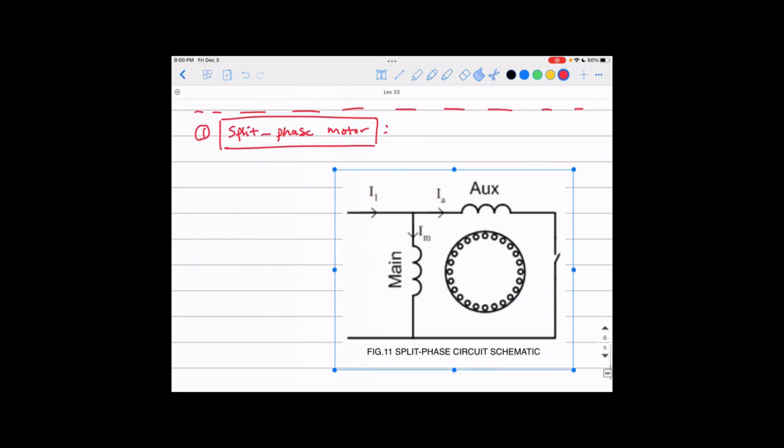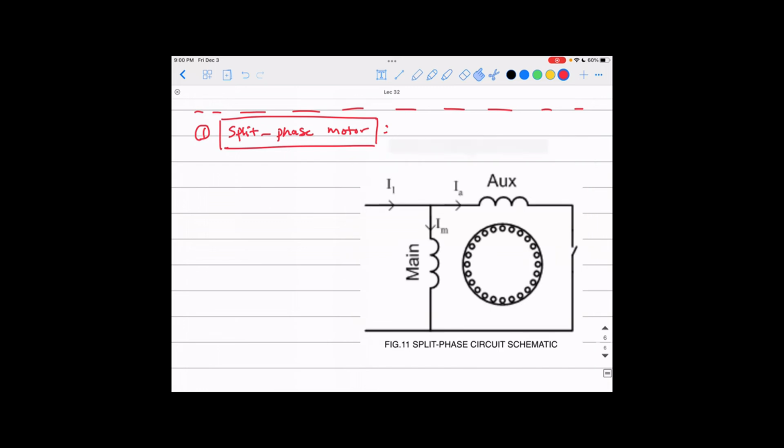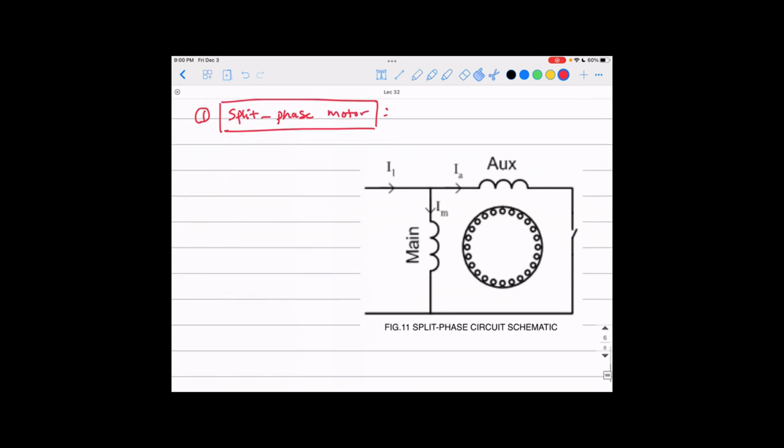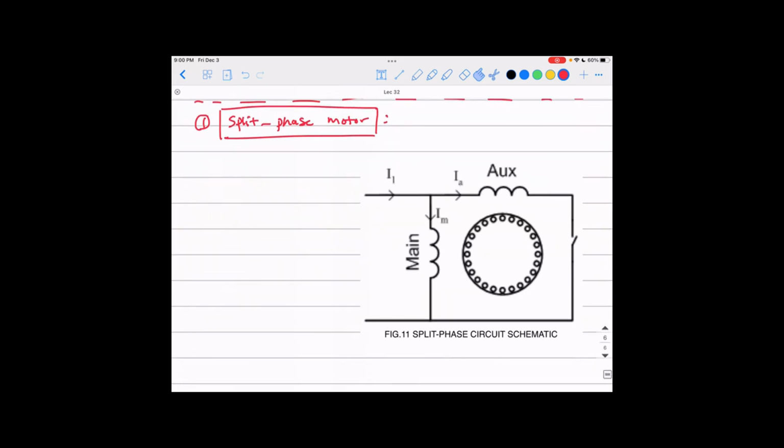Yeah. What is this? That's a schematic diagram of how you just connecting the 2 windings. So remember, we have 2 winding all the time, so that's the main winding, and that's the auxiliary winding, and they're connected in parallel like you see in here. Like we said, they're connected in parallel like that, and here is your supply. Okay, that is the single phase supply we are using.